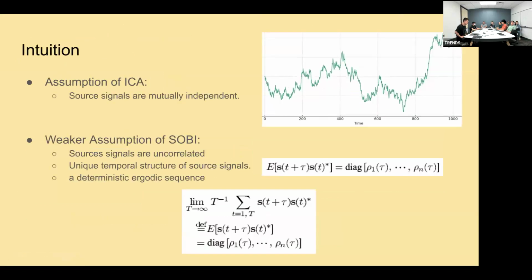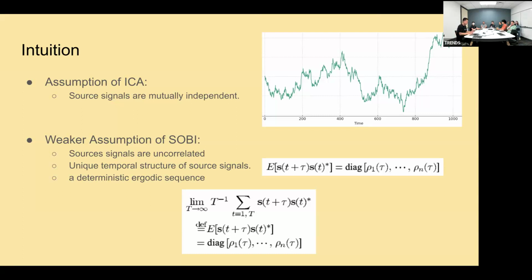So for some intuition from our understanding of SOBI, we know that the assumption from independent component analysis is that the sources are independent. But this is a stronger assumption, which at least second order cannot explain.